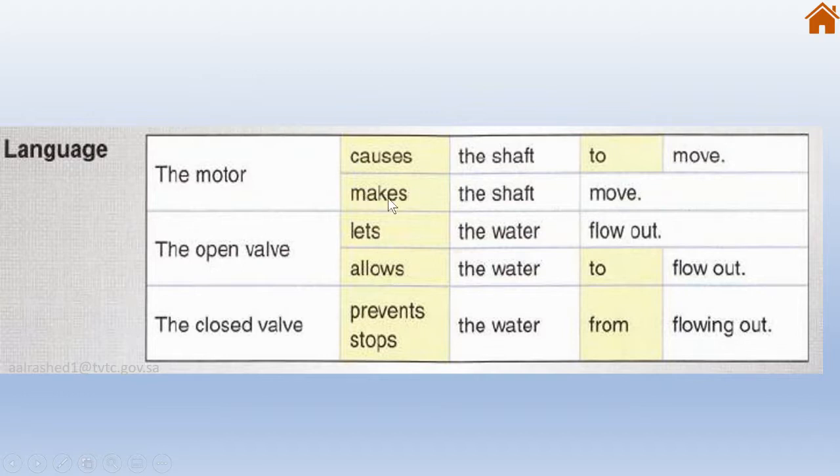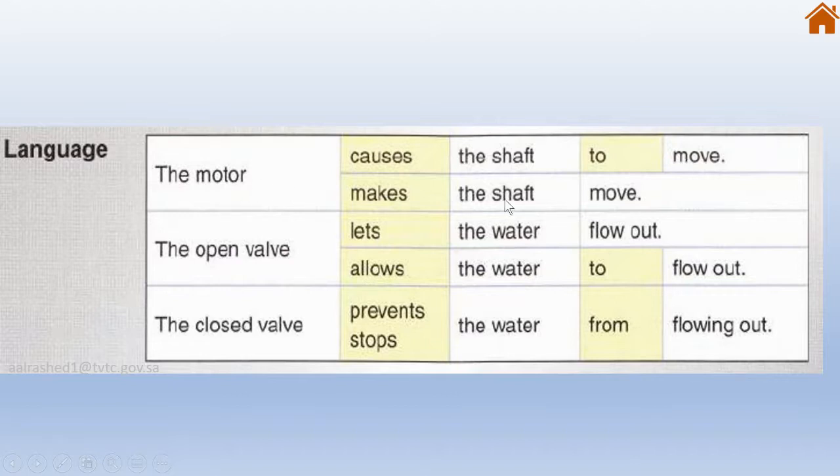Okay, let's see makes. Makes is used if you want to force someone to do something. You could simply use the same sentence that we used before. You could say anger makes Ali cry.